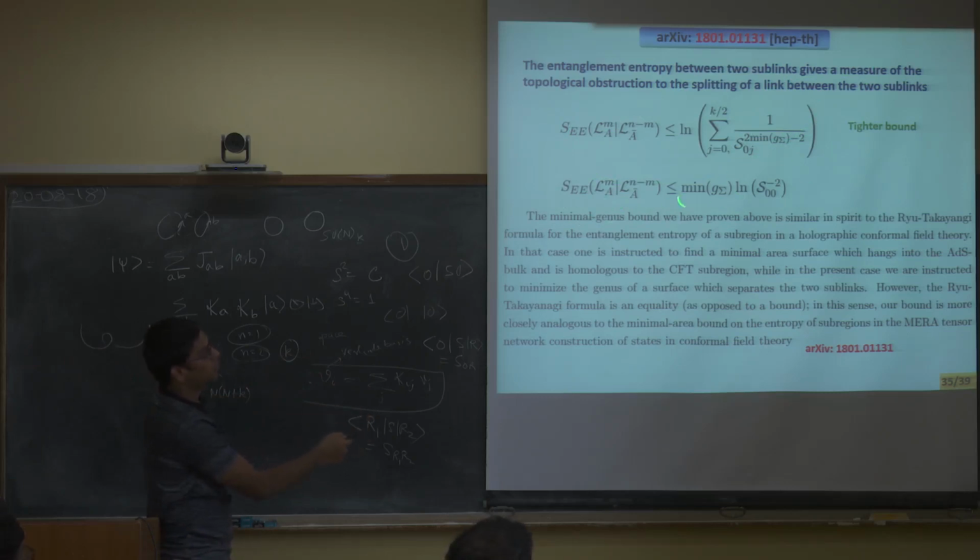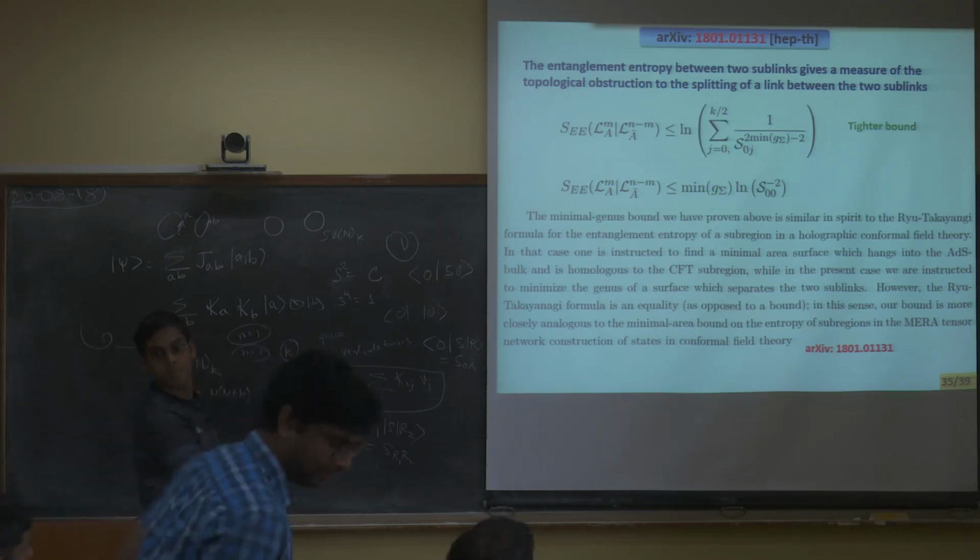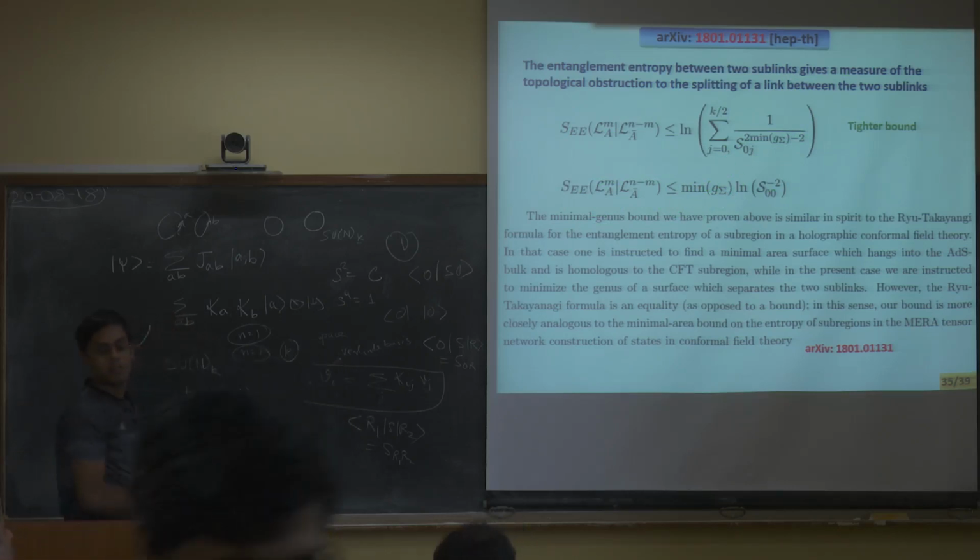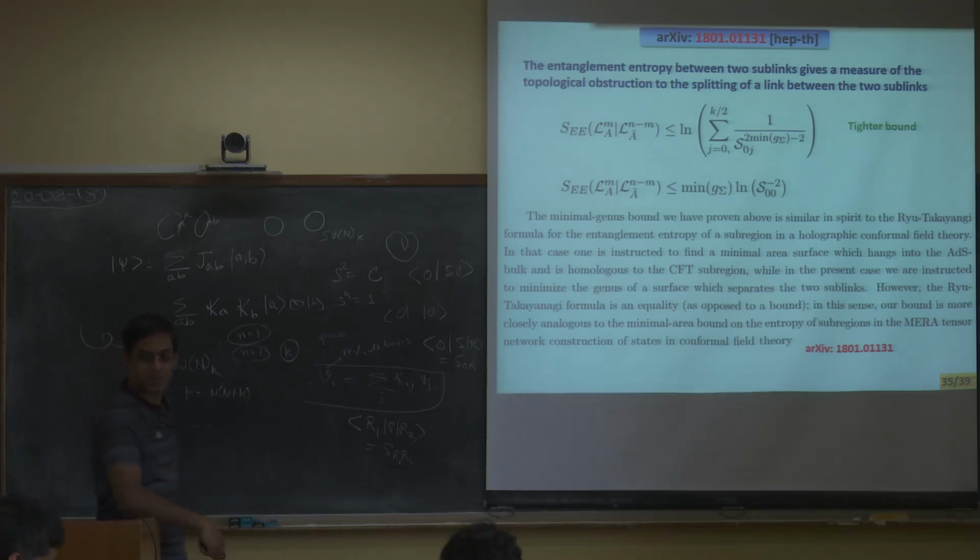The bound depends on the genus of the minimal separating surface. This is a direct quote from the paper, and they say that this is similar to Ryu-Takayanagi, where the entropy is related to the surface area of some surface.